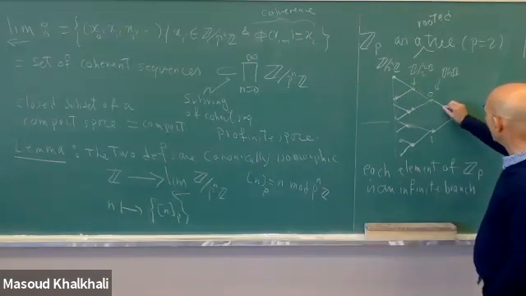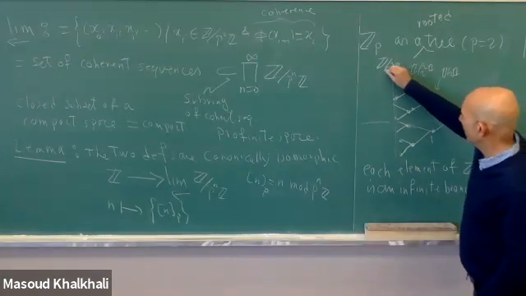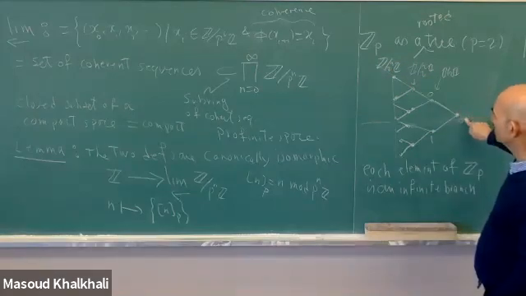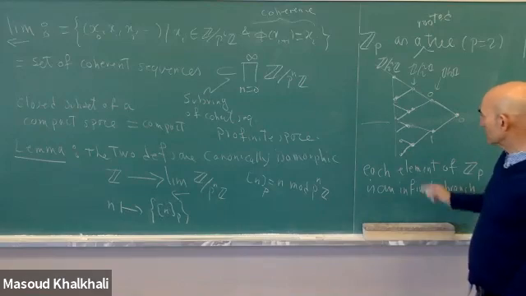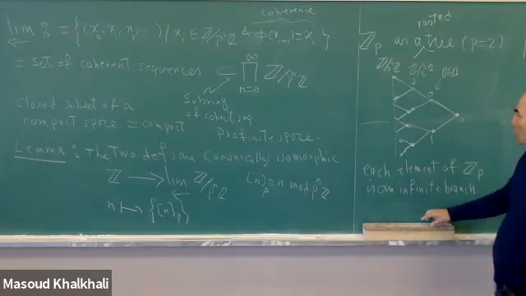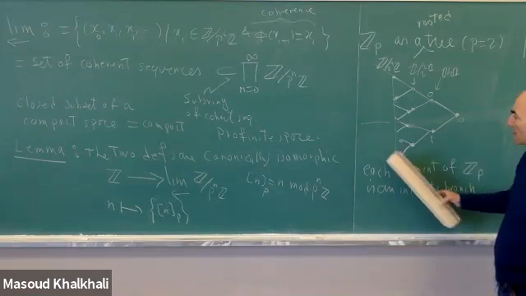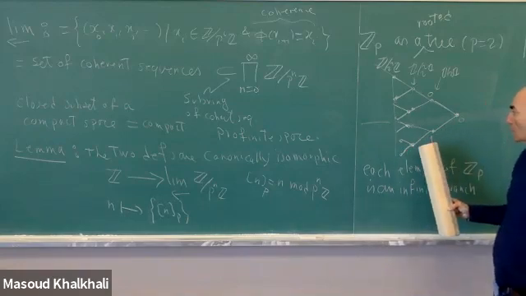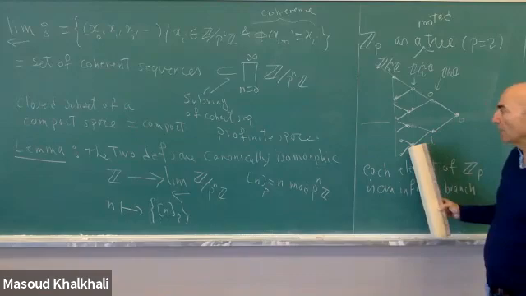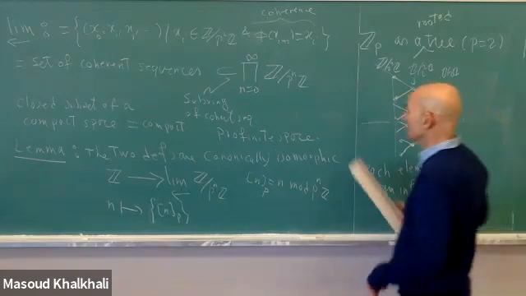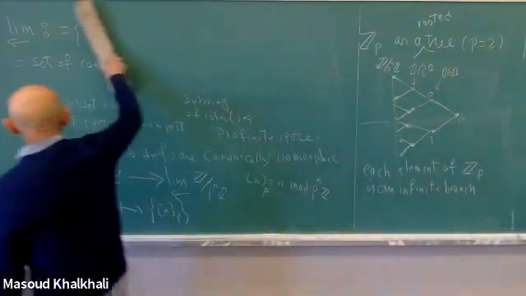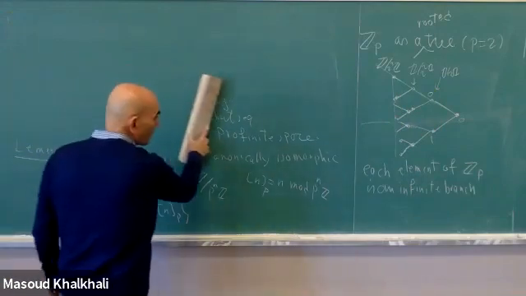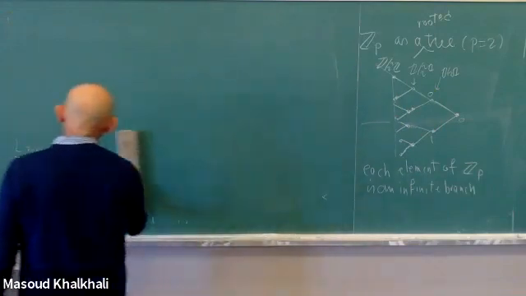For example, this branch, the way I label them, corresponds to 0 all the way. And it's interesting, the distance between two elements is related to the geodesic distance.